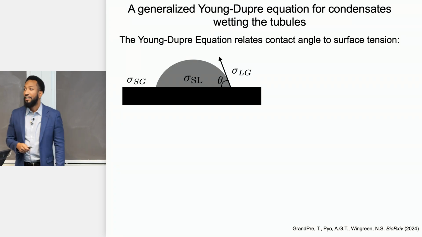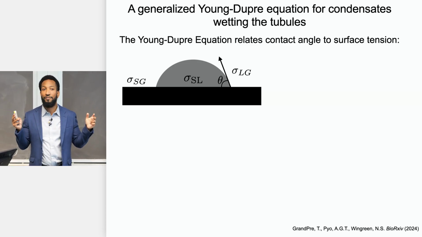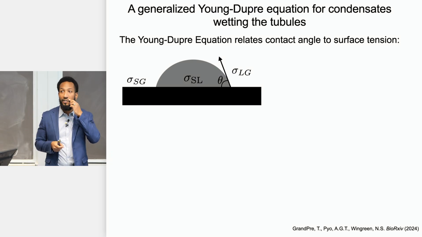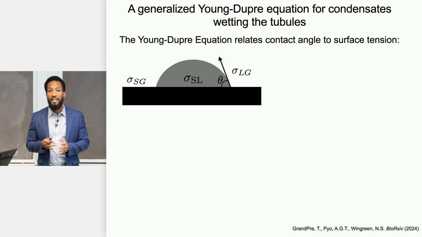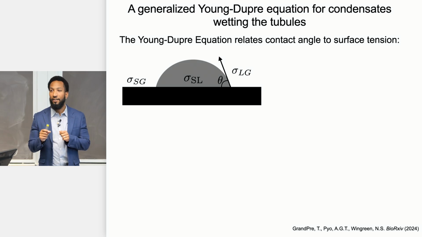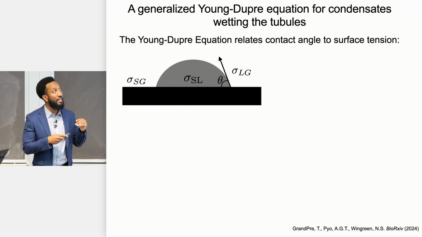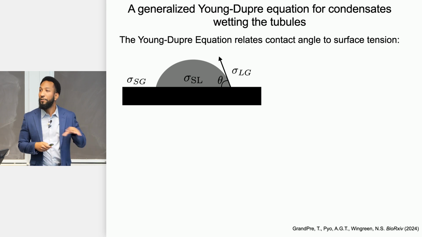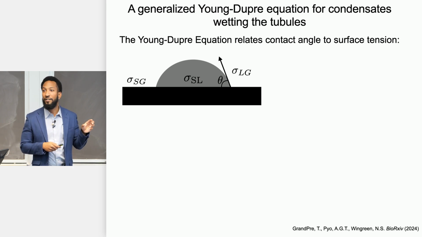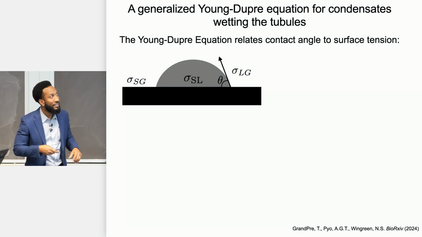Traditionally, how you would think about this is called wetting, when a liquid is attracted to a surface. And traditionally you would think of this through the so-called Young-Dupré equation. If you were to calculate all the forces that the liquid exerts between the liquid and the surface here, you can boil all of those forces down into a simple equation, which is so-called mechanical equilibrium, meaning all the forces balance so that it doesn't move.